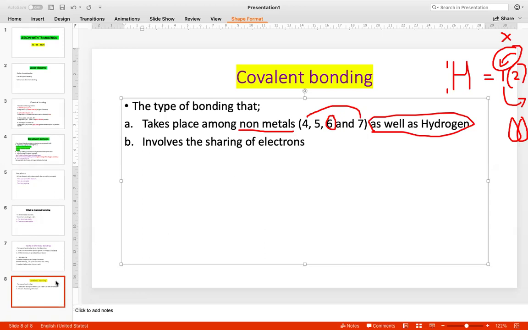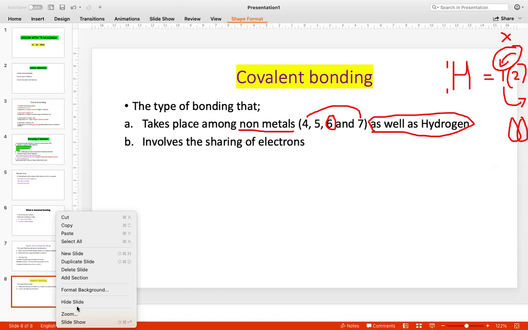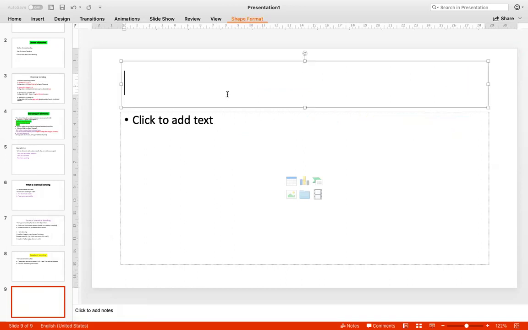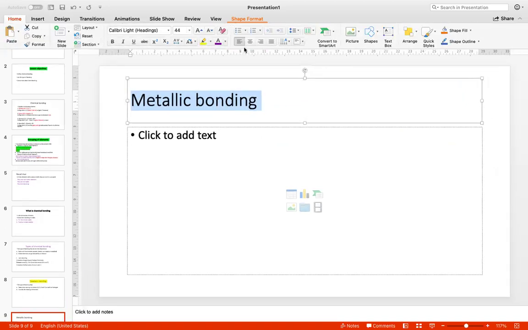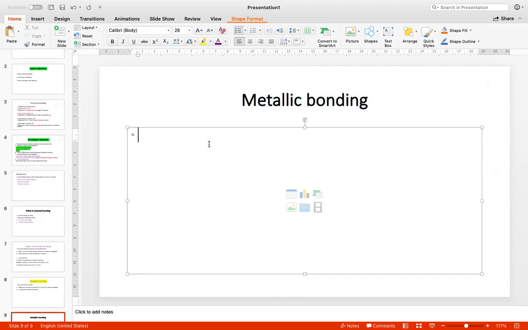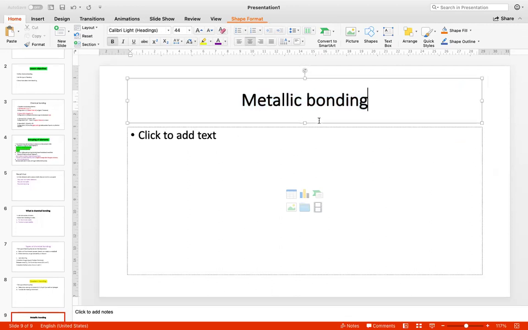Then the other one is called, new slide, the other one is called metallic bonding. Now, we also have to go back just a few steps and look at this.